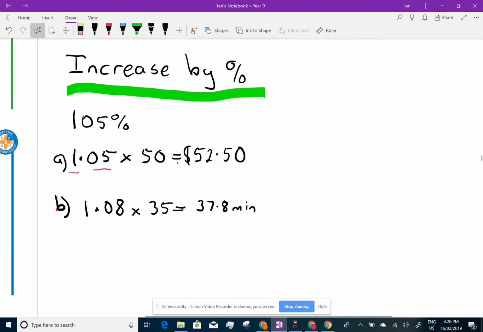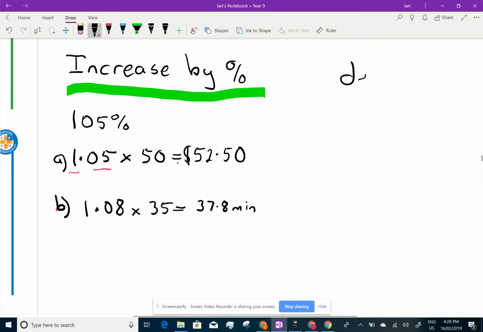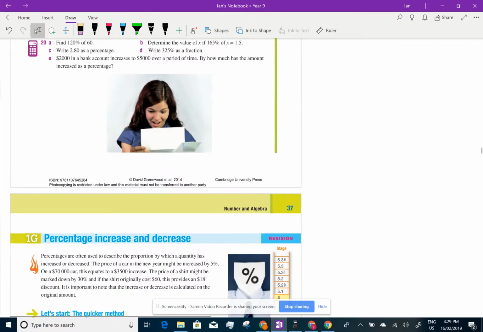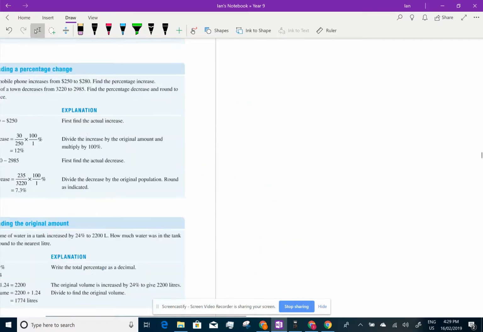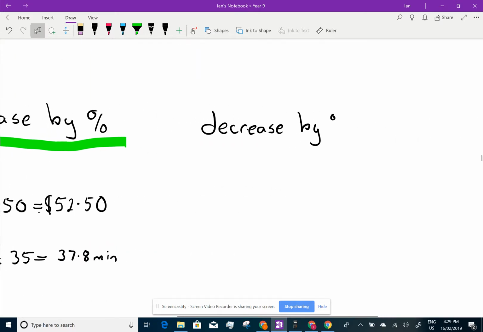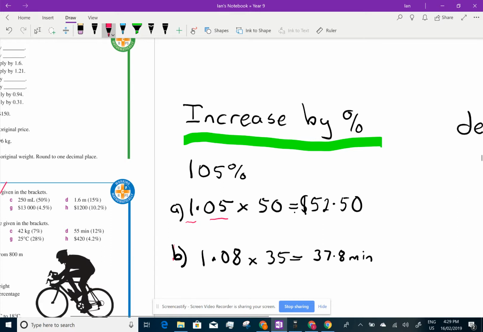Well, what about decrease? To decrease by a percentage. Well, where'd that go? Did I just lose all that? Well, there it is. That's a bit weird. By a percentage. So over here, what did we do?